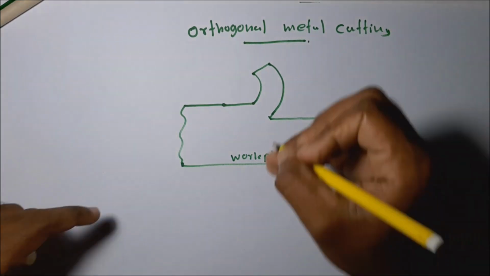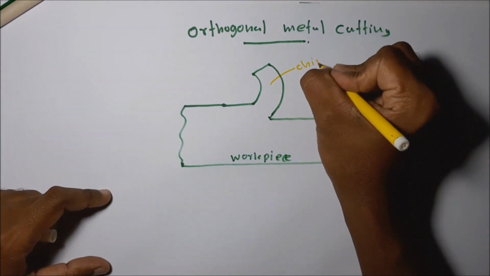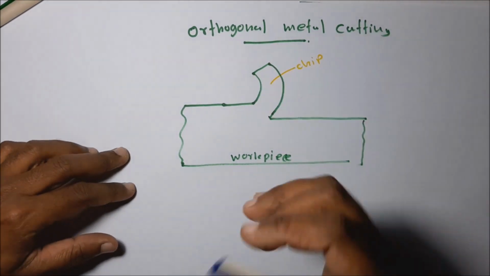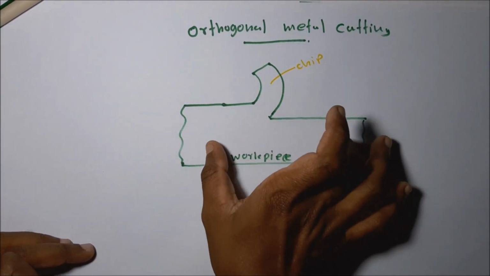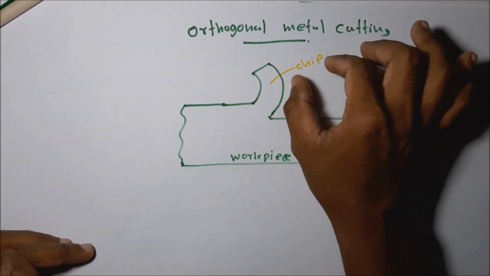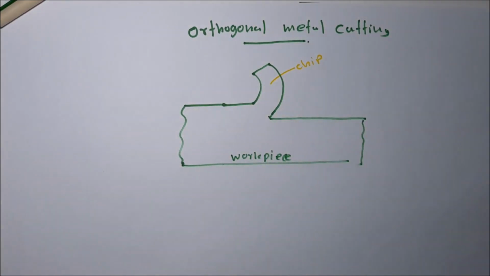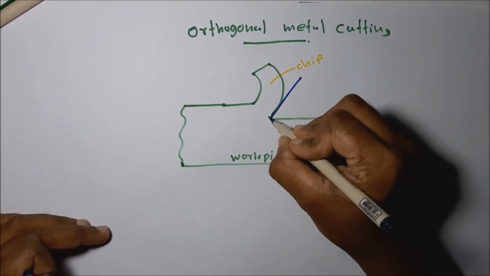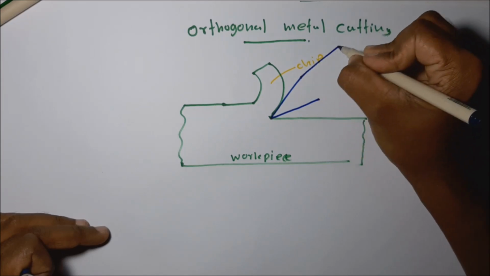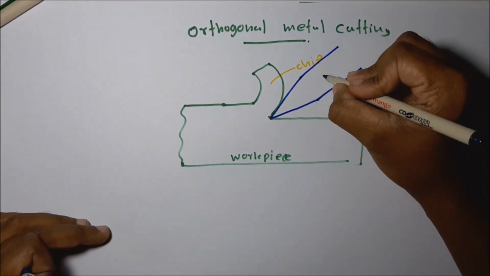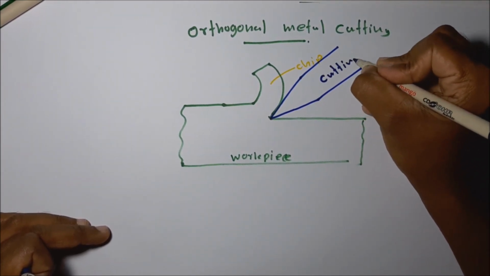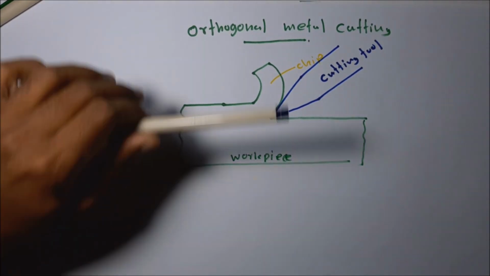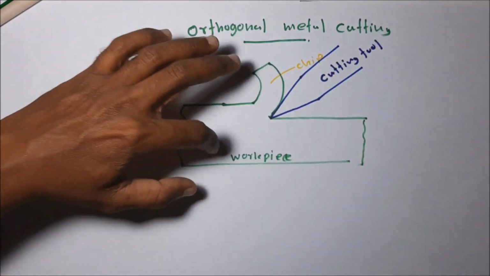The materials are removed in the form of chips, small strips. In the metal cutting operation, the materials are removed in the form of chips. These are chips, metal strips. So then this is the cutting tool. Chip, cutting tool, and the workpiece.